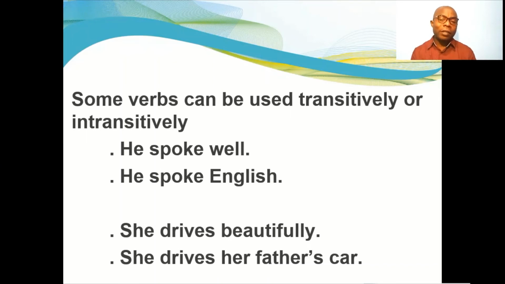So speak and drive are verbs that can be used either transitively or intransitively. What we have learned so far is that some verbs are rigidly transitive. Others are rigidly intransitive. Some lie between the two. They could be used transitively on one hand and intransitively on the other hand.